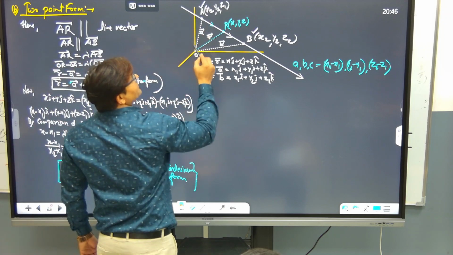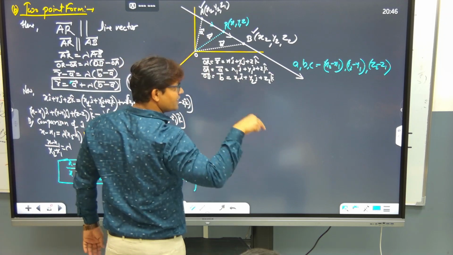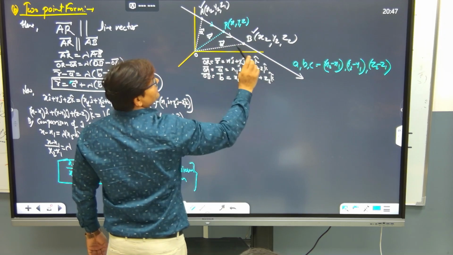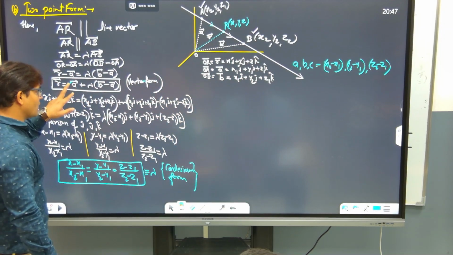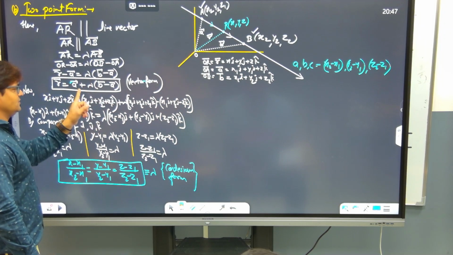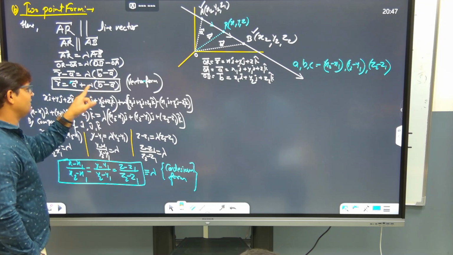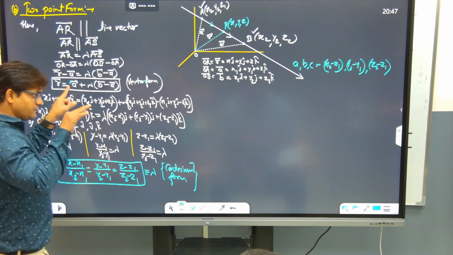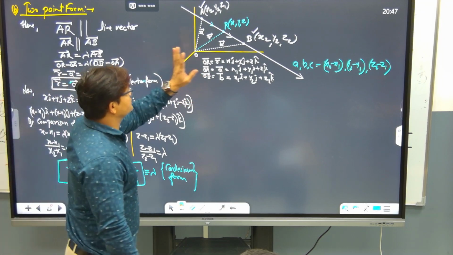Instead of the OA vector I can take the OB vector as a reference vector; instead of the AR vector I can take the BR vector. Same for lambda (b minus a) or (a minus b). We can take the B vector as a fixed point because both are fixed points.